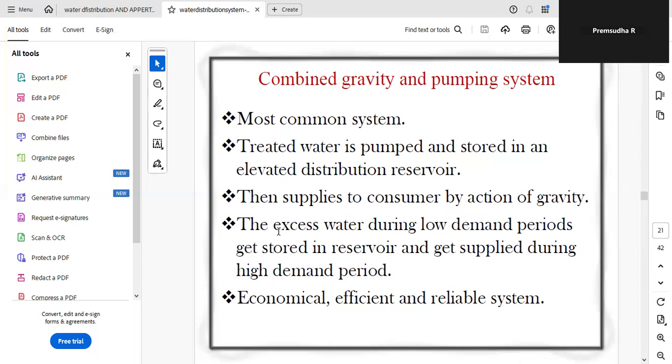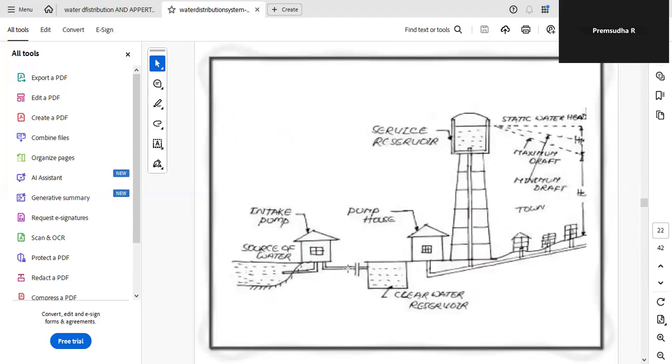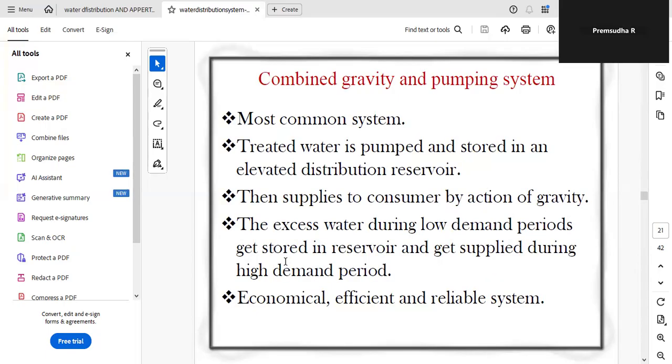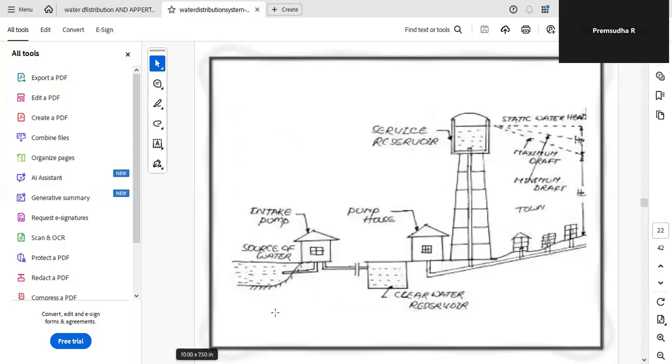The excess water during the low demand period gets stored in the reservoir and gets supplied during the high demand period. Combined gravity and pumping system is an economical, efficient, and reliable system.